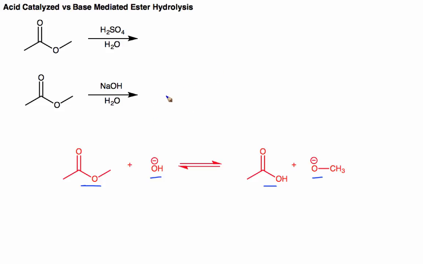One other important feature to take note of is that under acidic conditions we're going to get to the carboxylic acid, but we only need a catalytic amount of acid. Whereas under basic conditions, we'll use hydroxide as our base, and we need a full equivalent.